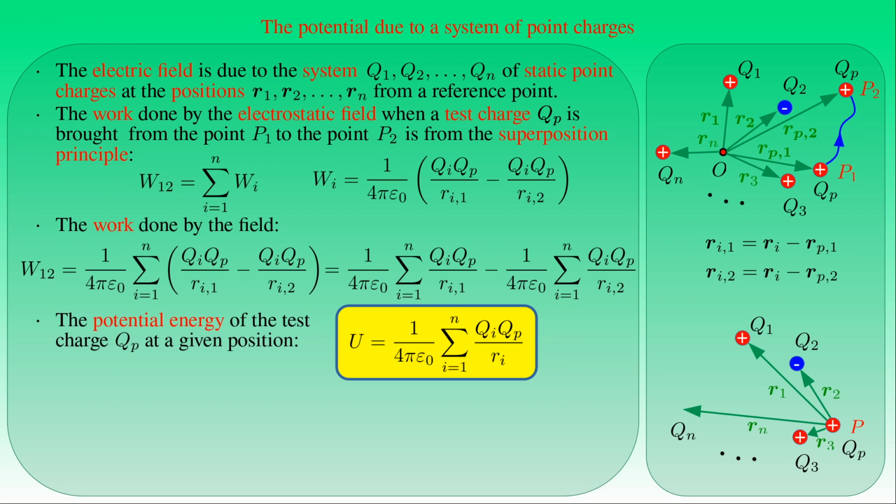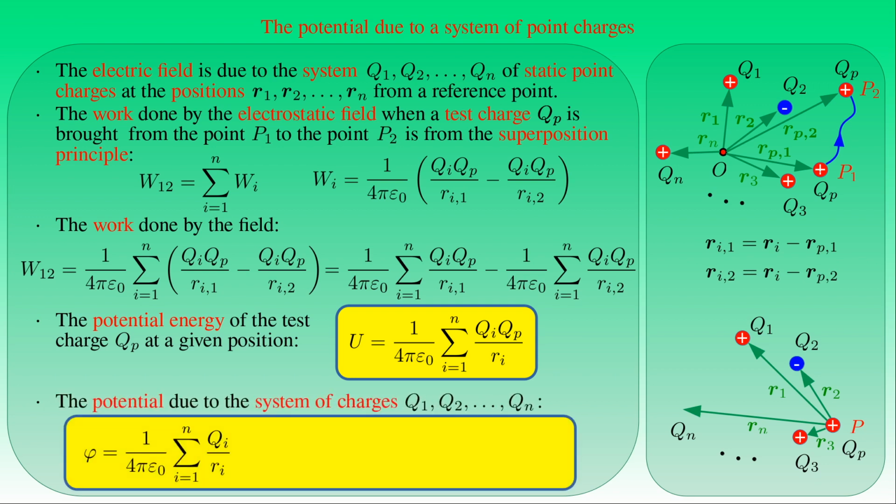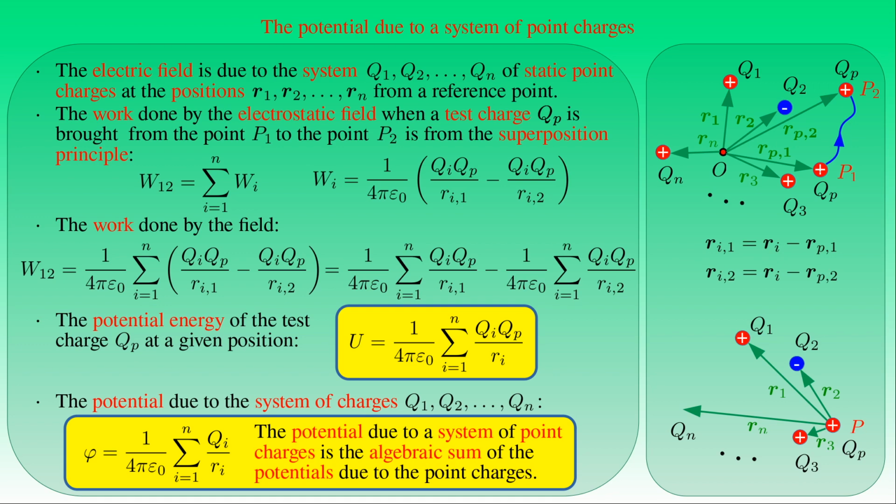As a result, the potential phi at a given point P in the electric field due to the system of static point charges Q1, Q2, ..., Qn is given by 1 over 4 pi times epsilon naught, times the sum of the point charge Qi over the distance r_i between the point charge Qi and the point P. This formula shows that the potential due to the system of point charges is the algebraic sum of the potentials due to the individual point charges.